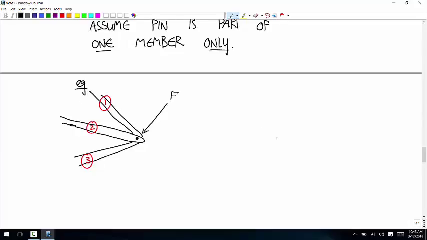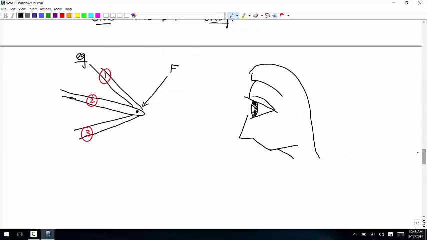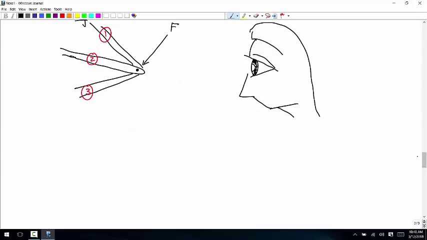Here's how we imagine this going. So here's somebody watching from the side. So what does this person see? This person sees member 2 over on the left side.